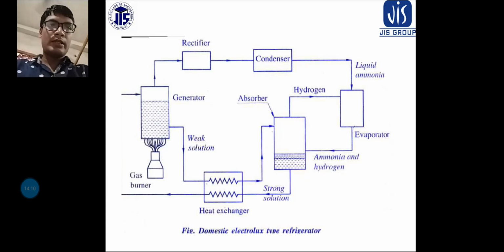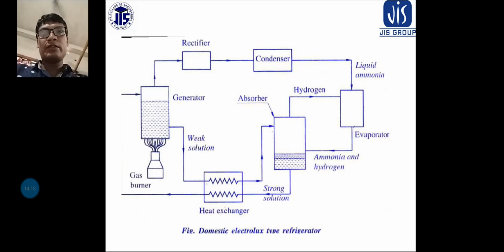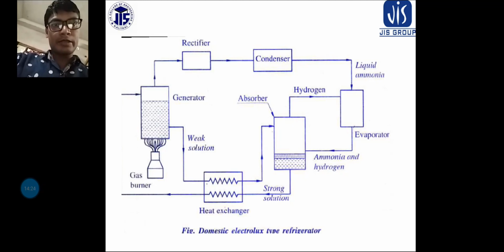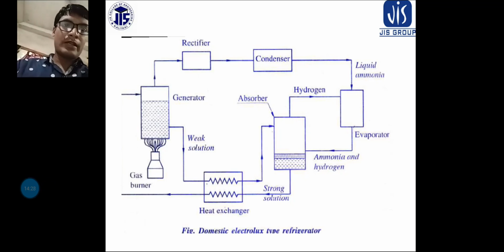The hydrogen and liquid ammonia mixture comes to the absorber. Why are we using hydrogen? Because of its basic properties: the rate of evaporation is increased when you mix hydrogen with ammonia. Whatever mixture we get from the evaporator, hydrogen and ammonia, comes to the absorber.